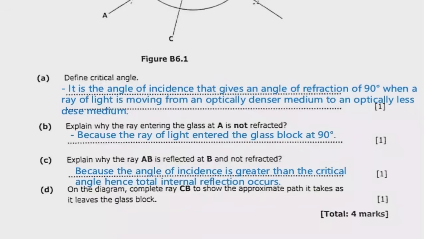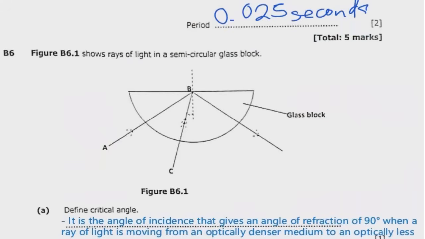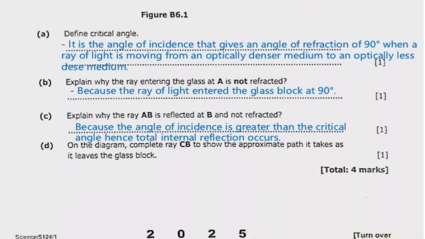Now let's go to question D, which is as follows. On the diagram, complete ray CB to show the approximate path it takes as it leaves the glass block. So we go back to the diagram, and we want to complete the ray CB.